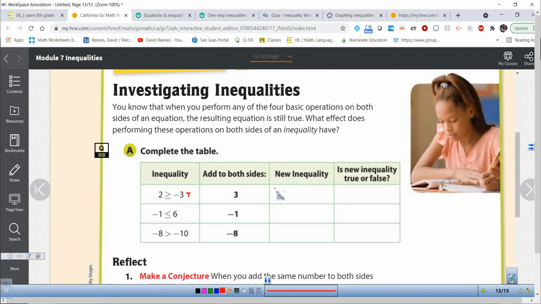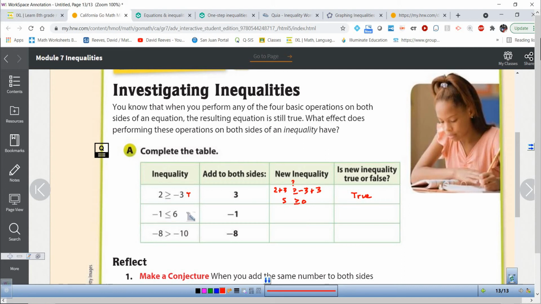On this side, I'm going to have 2 plus 3. And I want to know, is that greater than or equal to -3 plus 3? Well, when I do that, what do I get? I get 5 is greater than or equal to 0. Well, that is also true. So I added 3 to both sides, and it stayed true.